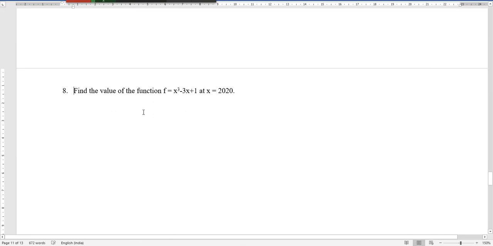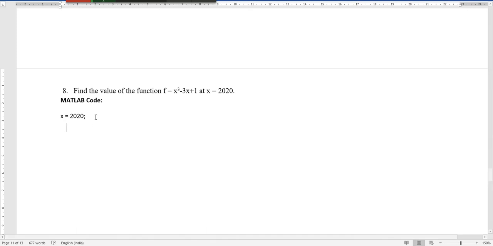This is also very simple. Find the value of the function at x equals to 2020. Very simple Matlab code. Very easy. So the x value, output is not required, that's why I am using the semicolon. Now type this equation.